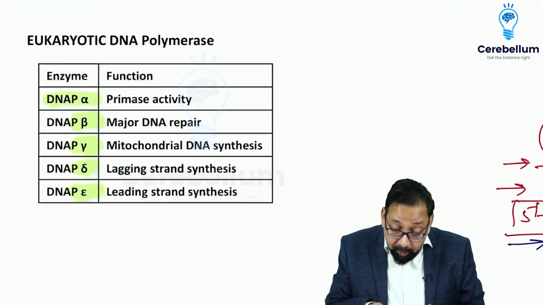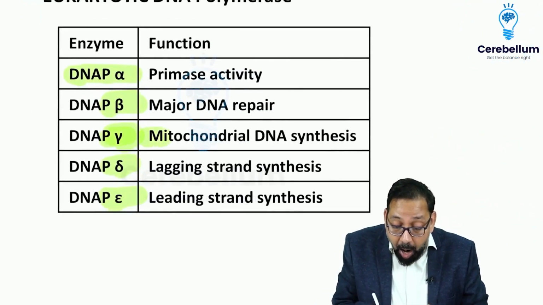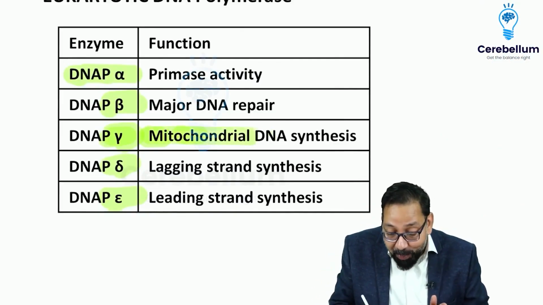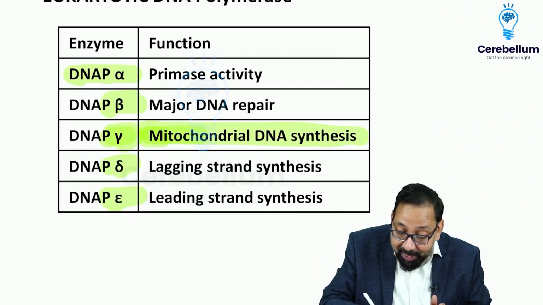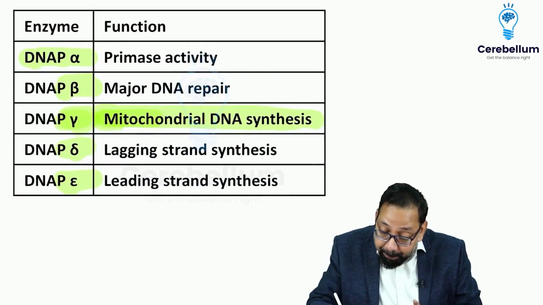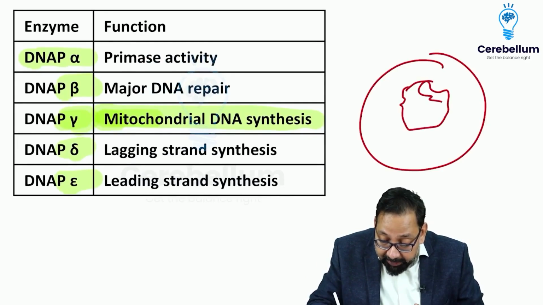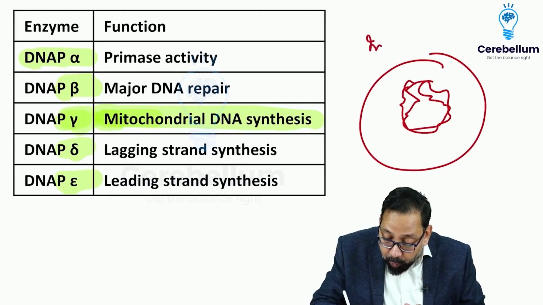First of all, out of these, gamma: Ma means mitochondria. So gamma polymerase does mitochondrial DNA synthesis. In our cells, mitochondria have double-stranded circular DNA with no introns.